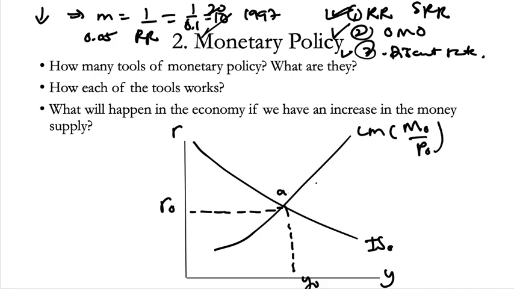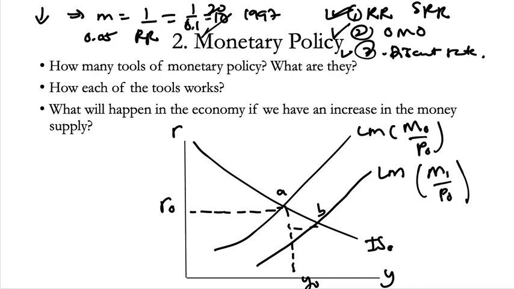Let's say point A. Now, when we have increase in money supply, LM will shift to the right, given price is the same, from M0 to M1. Then we have new equilibrium. You can see interest rate falls down from R0 to R1, and then you can see output increases.